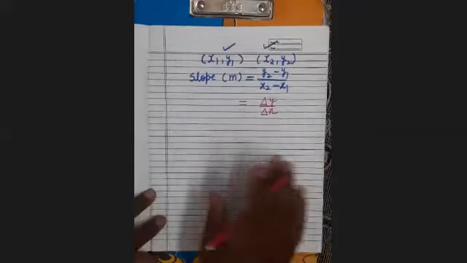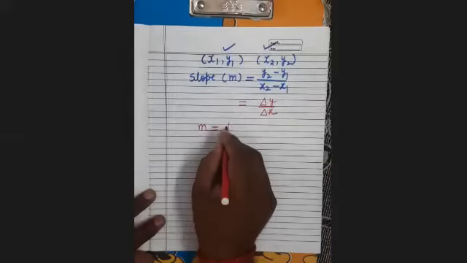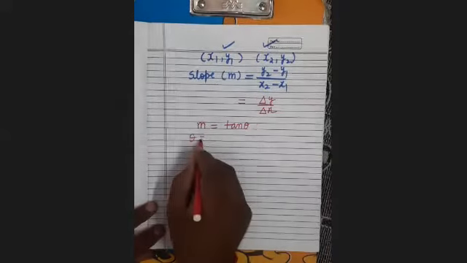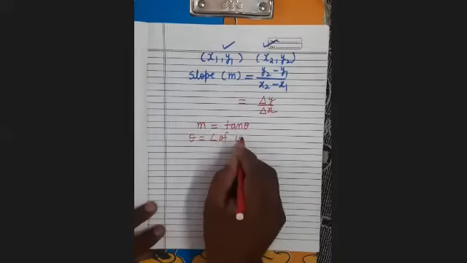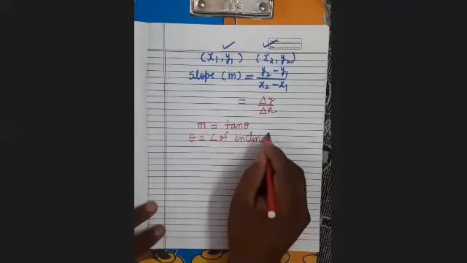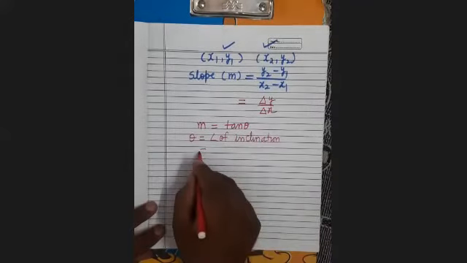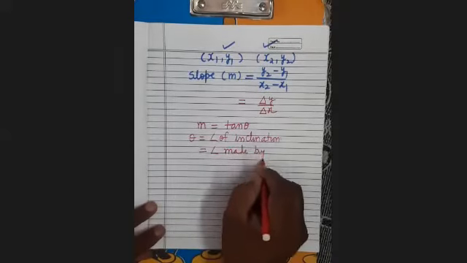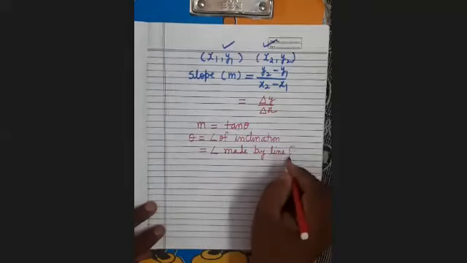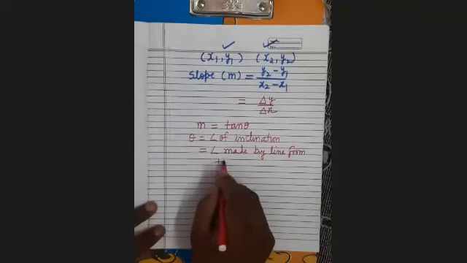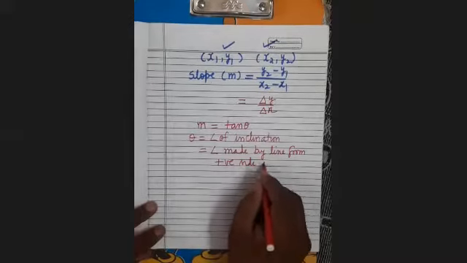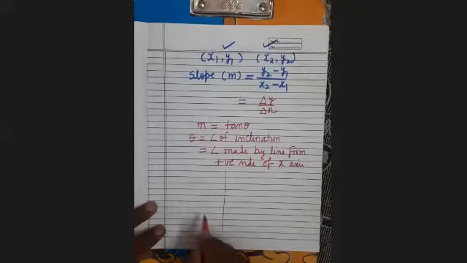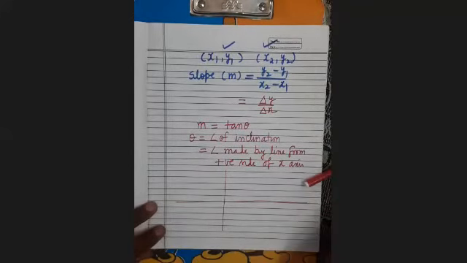There is another way: m equals tan theta. Here theta is the angle of inclination. Angle of inclination means the angle made by the line from the positive side of the x-axis.